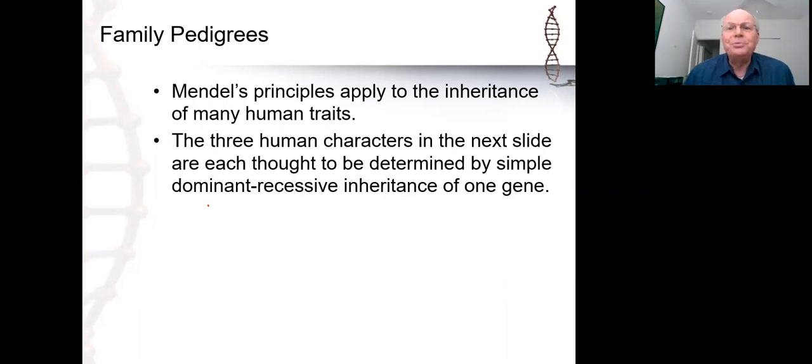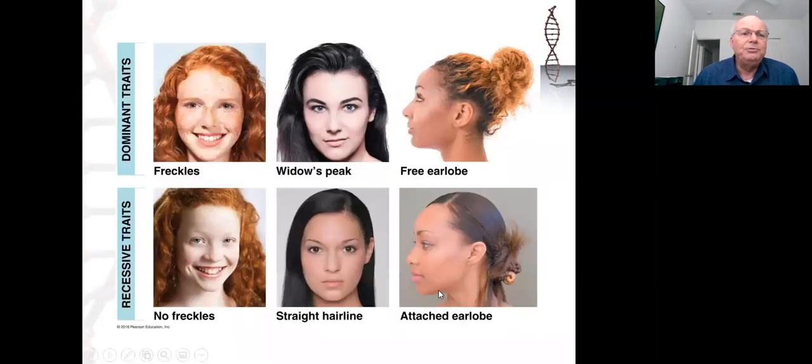And as it turns out, you really don't need a lot of information to be able to figure this out. If you've got data for 3 generations, you've probably got enough to establish the inheritance pattern for a particular genetically determined characteristic. So here are some traits that we know are genetically determined in humans.